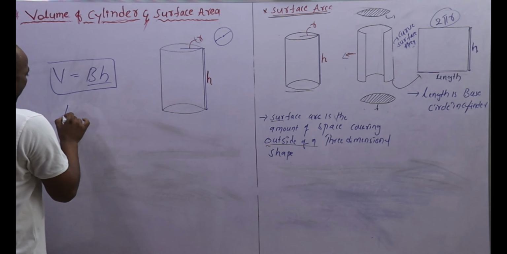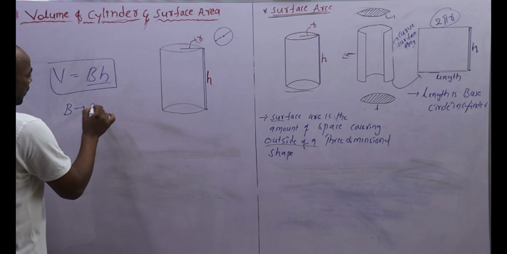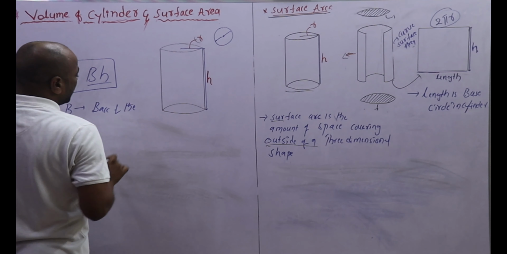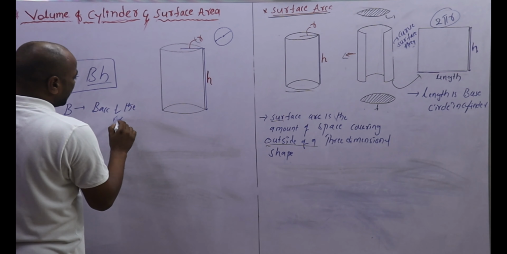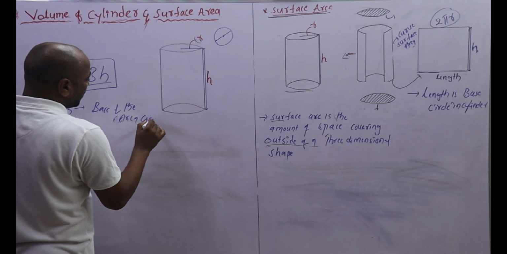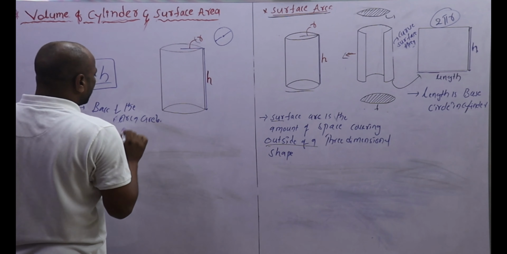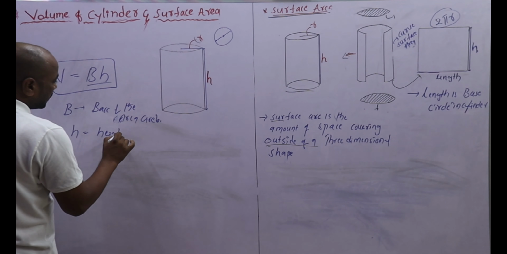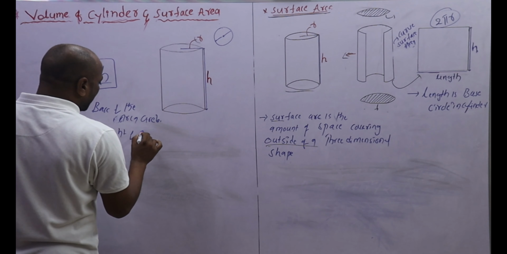Here B is the area of the base circle and h is the height of the cylinder.